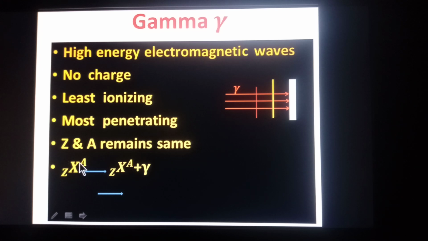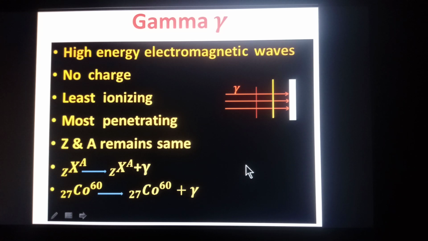However, it does not change into a new element due to gamma emission. It is only the extra energy that it emits. For example, cobalt 27-60 in an excited state de-excites with the release of gamma radiation. Cobalt remains cobalt. However, it gets de-excited by emitting gamma radiations.